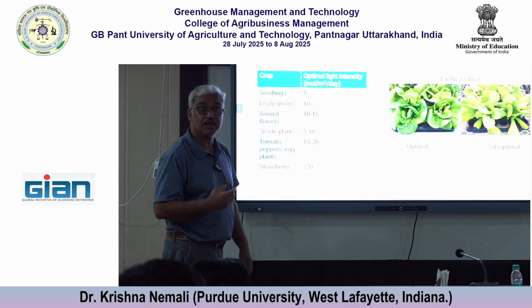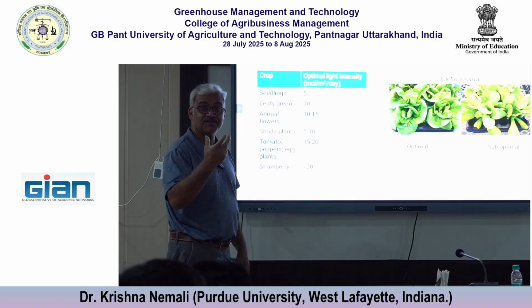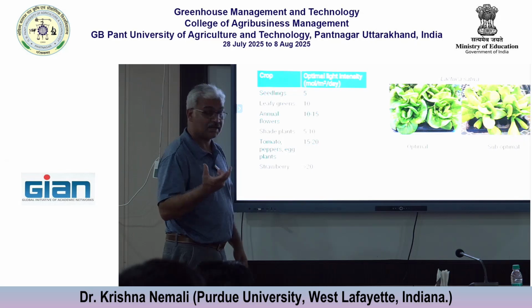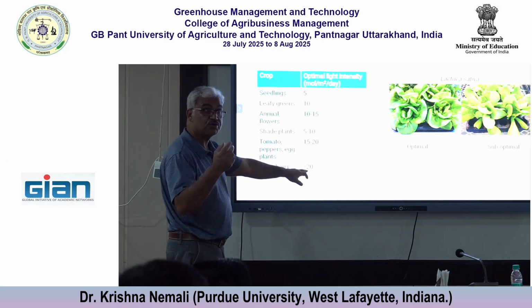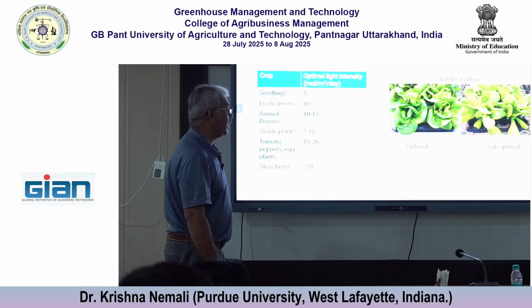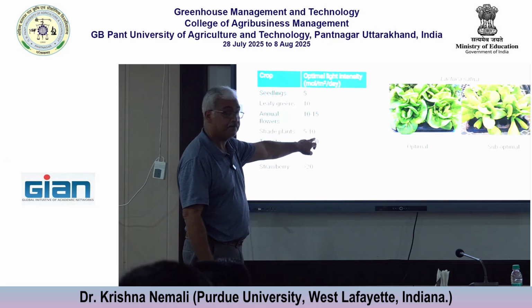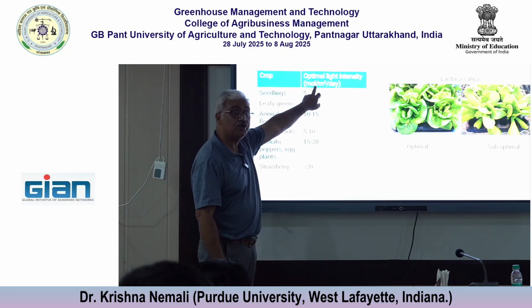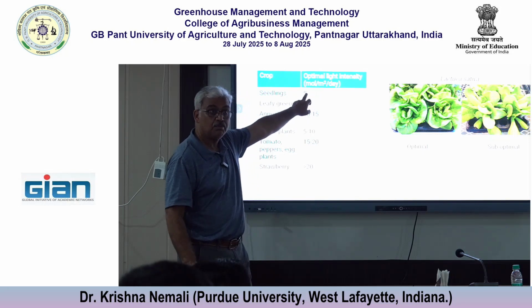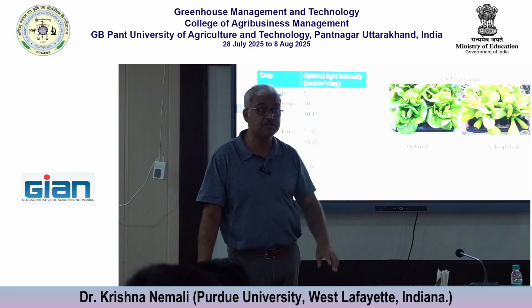Eggplants is brinjal. In the US, brinjals are called eggplants. Strawberries, fruits and things like that. And I put some numbers on the right side. But I want you to first focus on the units. What are those units? Moles per meter square per day. Remember moles per meter square per day?